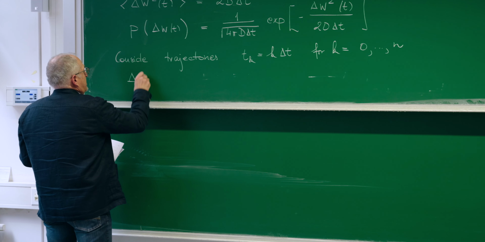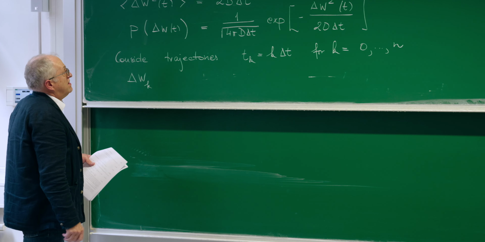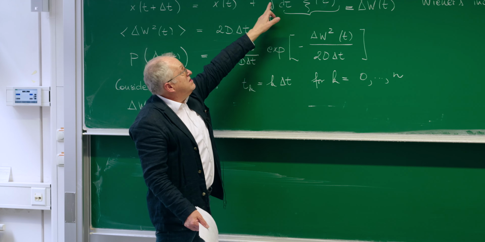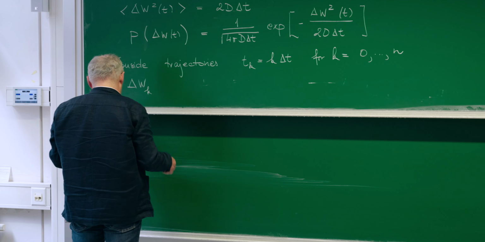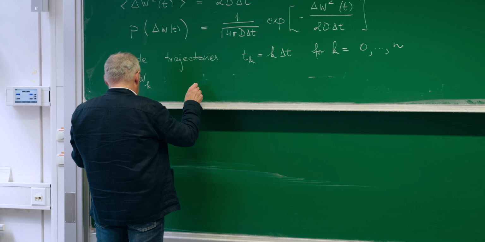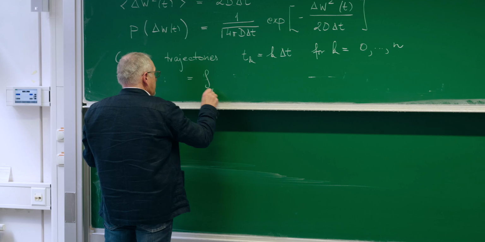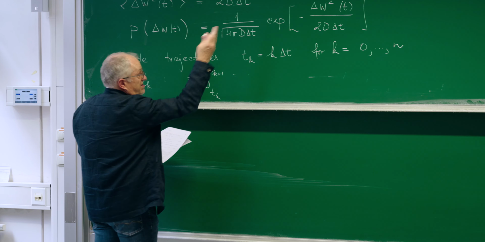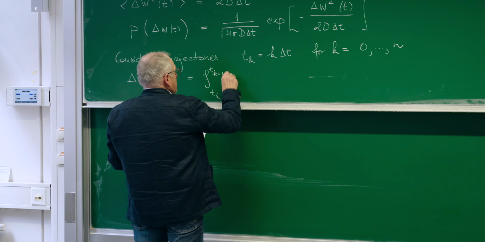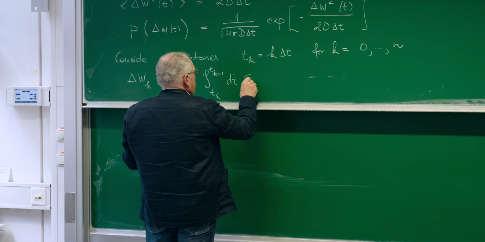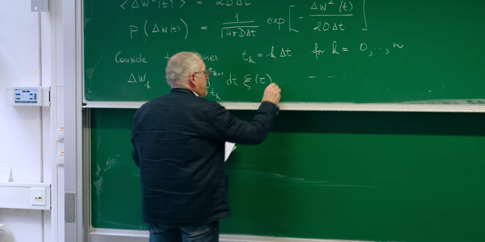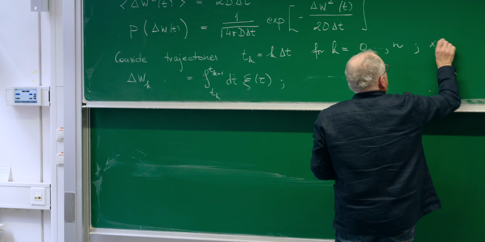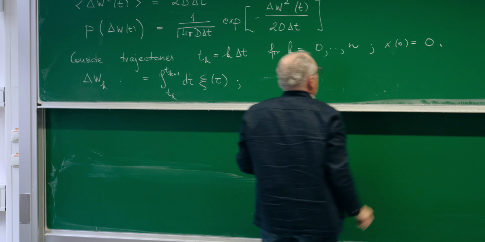And we then define the delta w_k as the delta w's, where I take here the time at t_k and at t_k plus delta t. So that by definition is then the integral from t_k to t_{k+1}, which is t_k plus delta t, d tau psi of tau. And we also make it such that x of 0 is chosen to be 0.